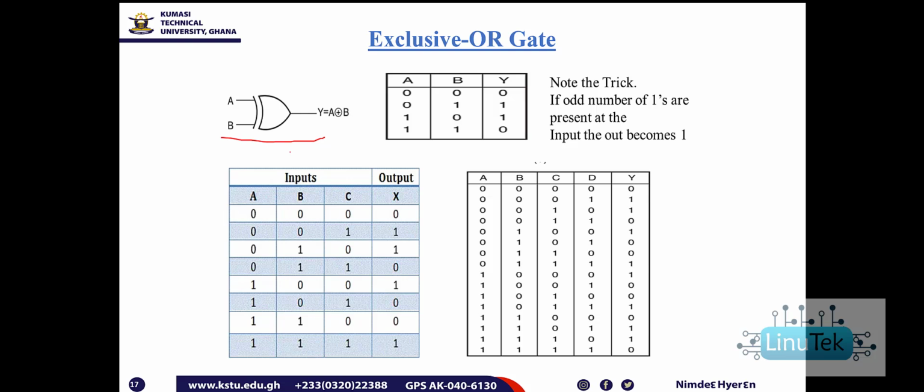The basic principle underlying the exclusive OR gate is that if an odd number of 1s are present at the input, then the output becomes 1.